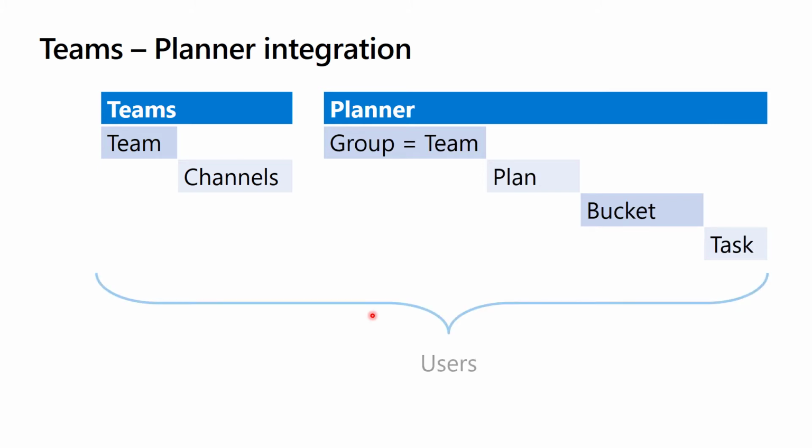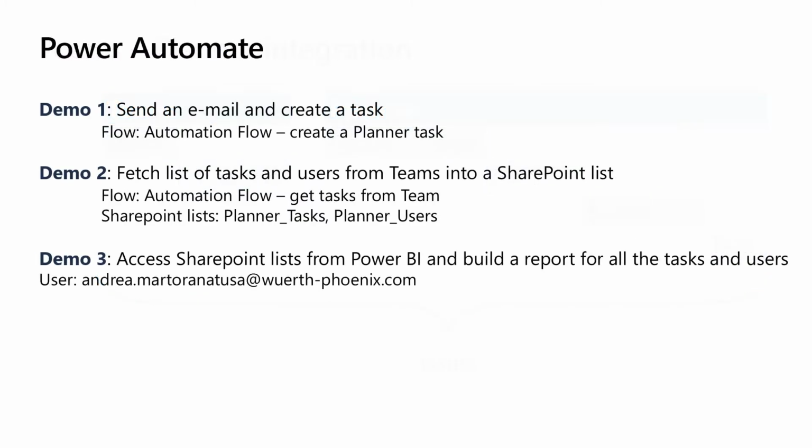But the structure was different, so we had to figure out how to match these different levels of structure. And of course, there are users assigned in both environments, so we have to match the users between the two different environments as well.